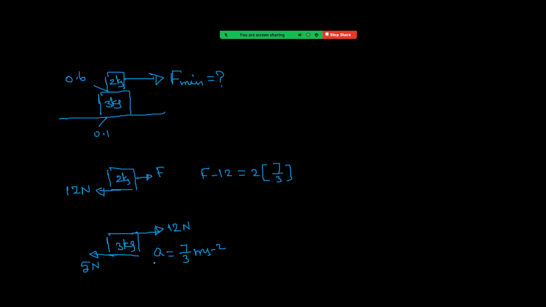Net force F minus 12. So F minimum is equal to 12 plus 2 into 7 by 3, that is 14 by 3 added, which gives our answer. This is the minimum force that we have to apply so that slipping starts between the blocks. Like this we can solve block on block problems.